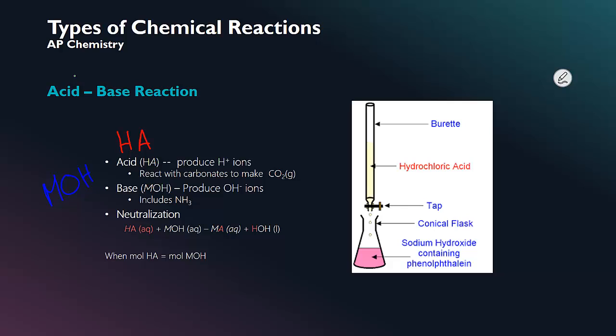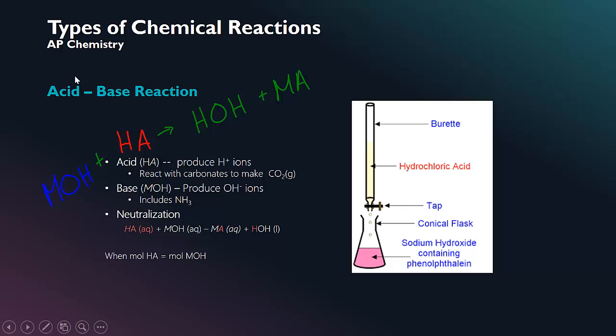Now, this is a simplified version of acid-base chemistry. We have an entire unit to talk about acid-base chemistry later in the year. However, a brief introduction to acid-base chemistry here is that acids and bases together form water and some salt.